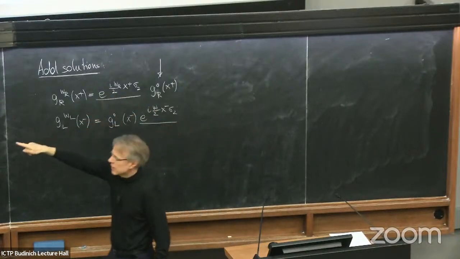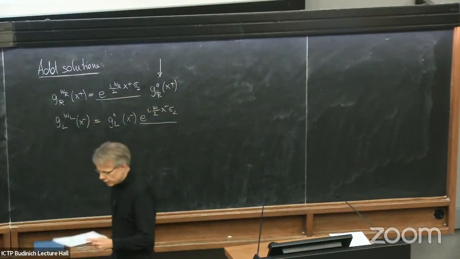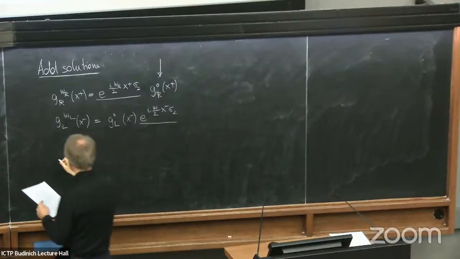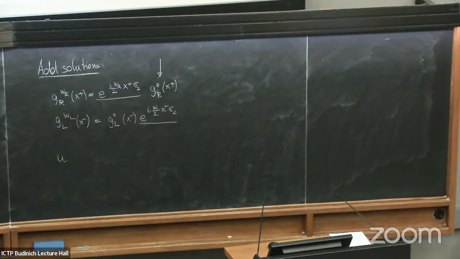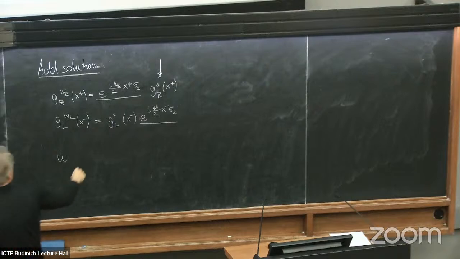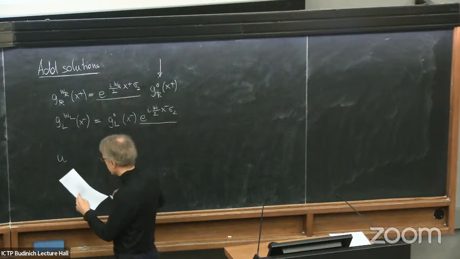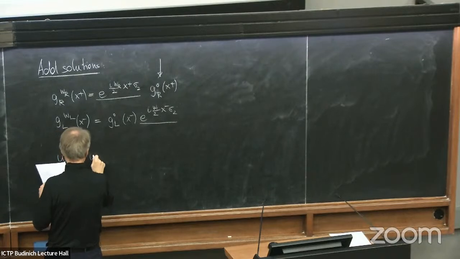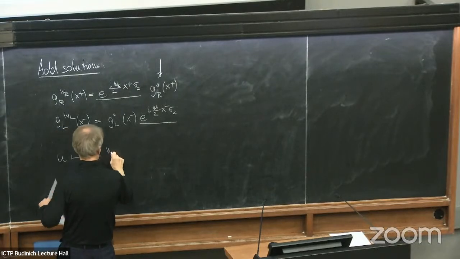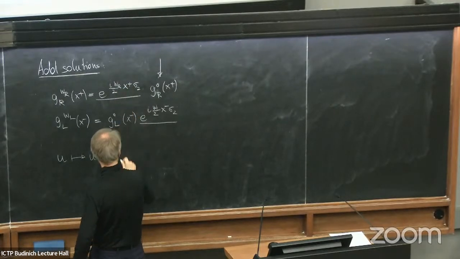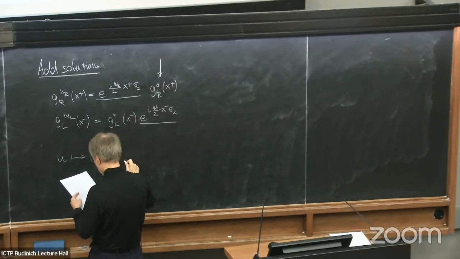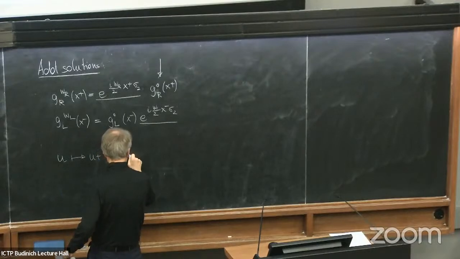So what this means is I take a solution, and relative to the solution I had before, because of this factor, this will effectively shift u as a function of X plus. So u goes to u plus WR over 2 times tau plus sigma.